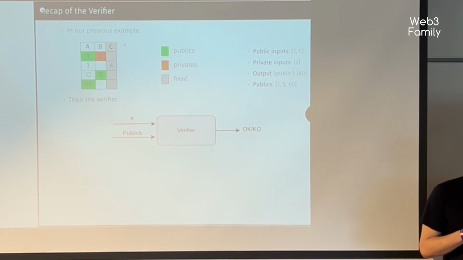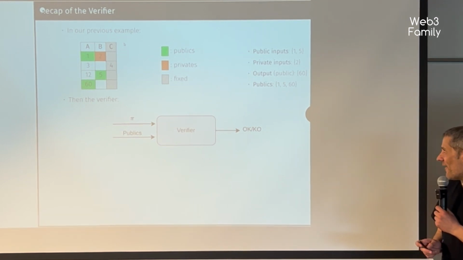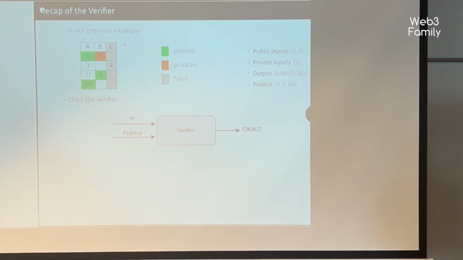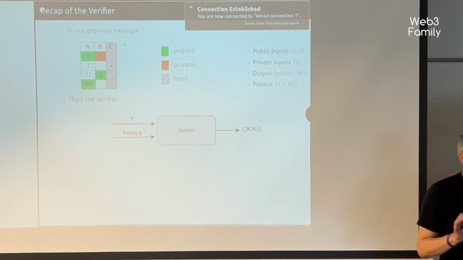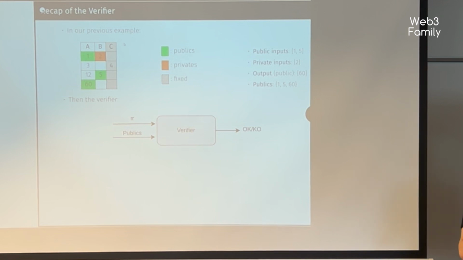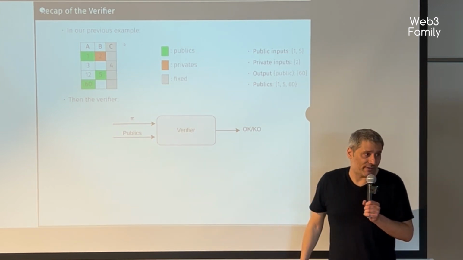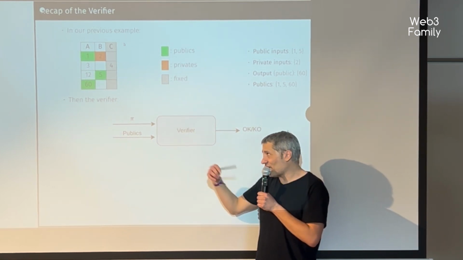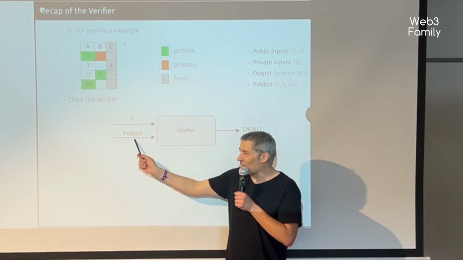I lied, I must admit. In fact, we use private inputs. I don't know if you come from the cryptographic background a little bit. In fact, we don't need to use private inputs because nothing is private in our computation. The data of the transactions, which are the inputs, is public and the output is public. We use private inputs because of the verifier. This is a technical detail, and it's a very good question, by the way. The verifier is going to check the proof, but to check the proof, you need to pass the publics.